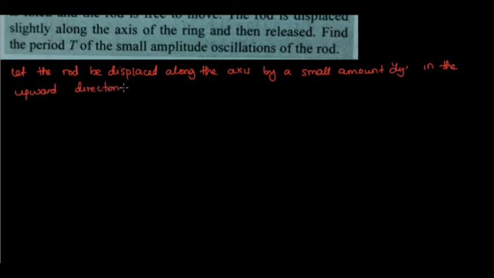Then what will happen? More portion of the rod will lie above the ring and less portion of the rod will lie below the ring. So the equilibrium condition is disturbed.